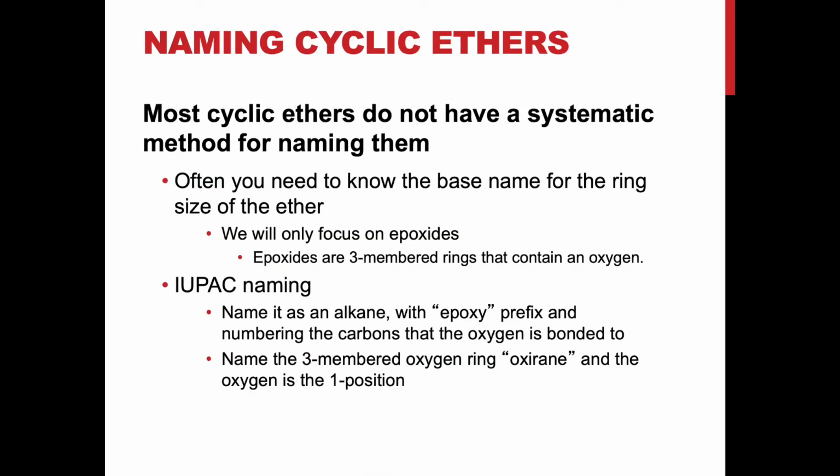So straight chain ethers are pretty easy, right? You just have a substituent. Now we have cyclic ethers. And cyclic ethers are just this god awful collection of common names, right?